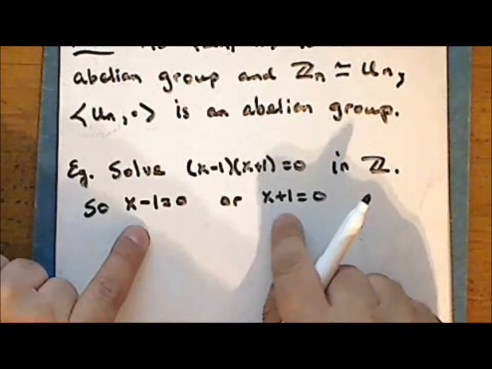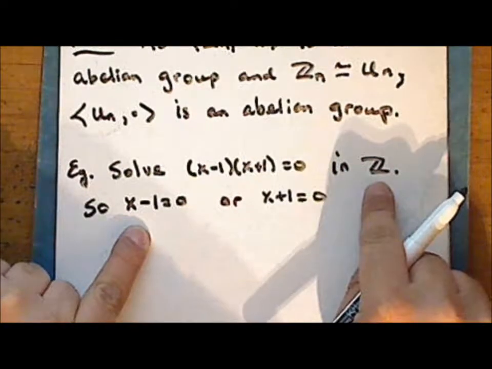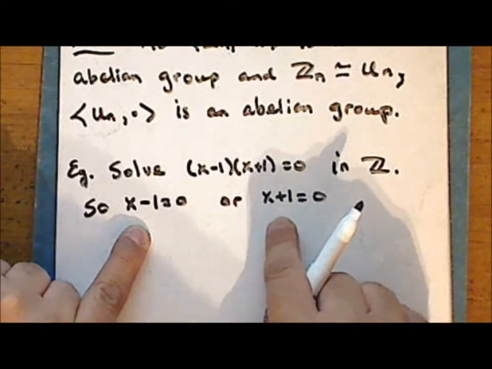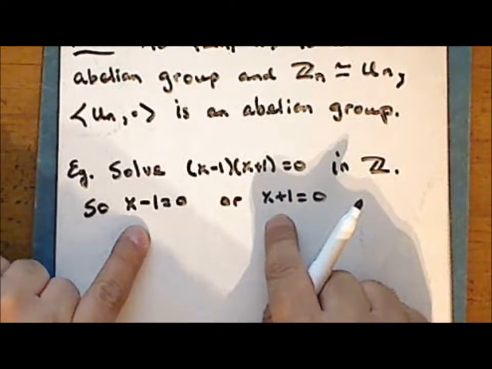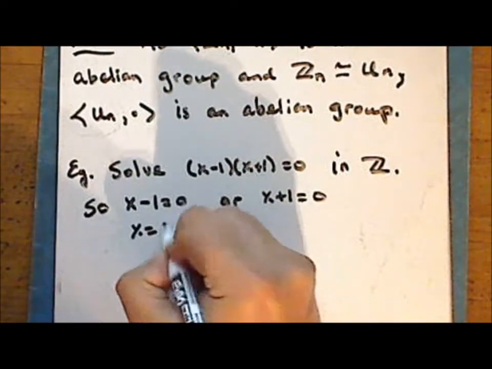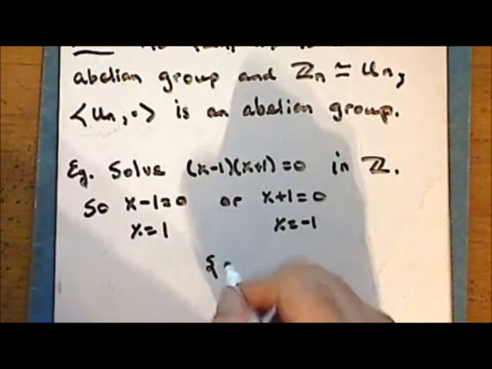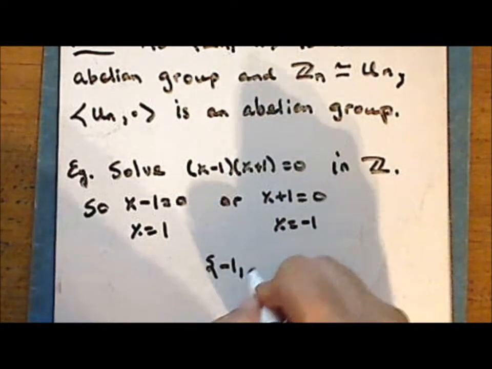And now we have linear equations in the group of integers under addition, and so we are guaranteed a unique solution for each of the equations. And so we can proceed to solve these equations. And once again, we find that the solution set is -1 and 1.